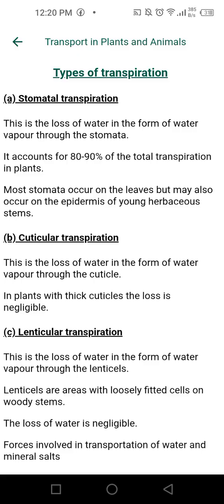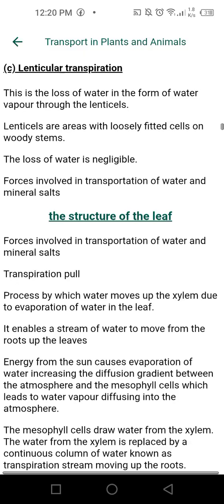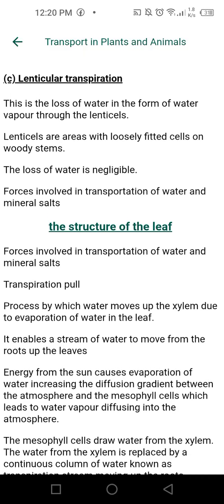Cuticular transpiration. This is the loss of water in the form of water vapor through the cuticle. In plants with thick cuticles, the loss is negligible. Lenticular transpiration. This is the loss of water in the form of water vapor through the lenticels. Lenticels are areas with loosely fitted cells on woody stems. The loss of water is negligible.